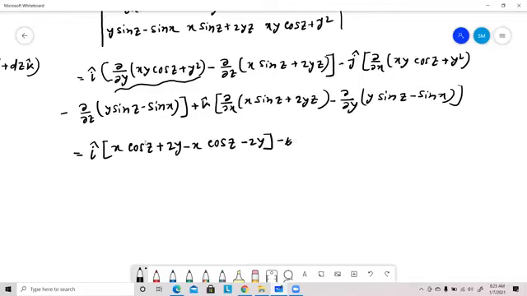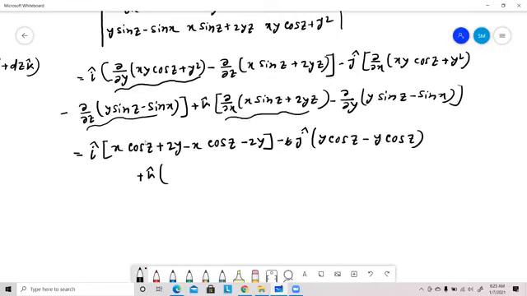Now the unit vector j: what will it be? y cos z minus y cos z. And now for the unit vector k, what will be the solution?